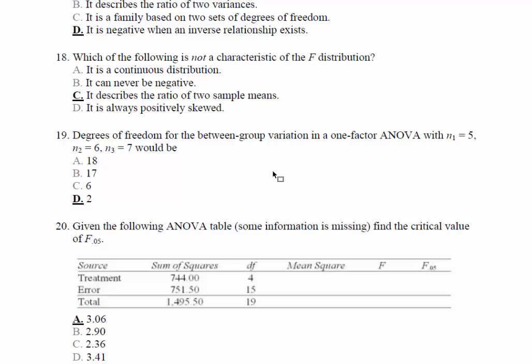C is the number of groups in the case. Now how many groups do we have in here? The first group has 5 observations, the second group has 6, the third group has 7. So there are 3 groups. Therefore, the degrees of freedom is 3 minus 1 equals 2. Therefore, D is correct answer.